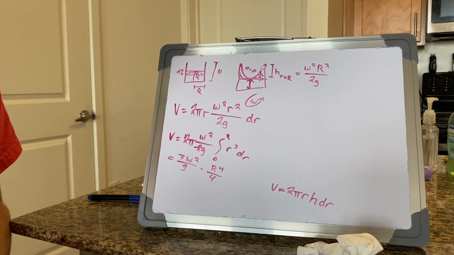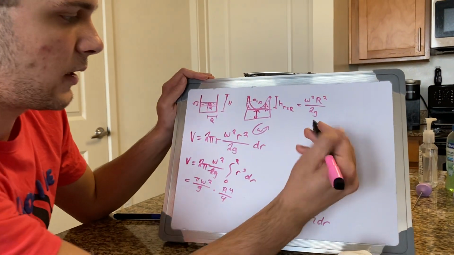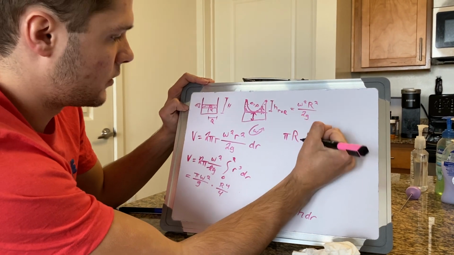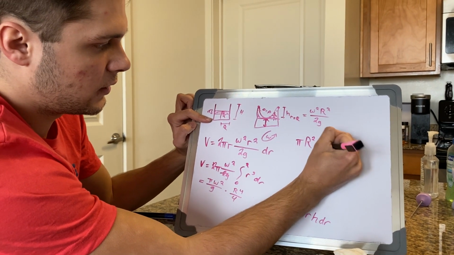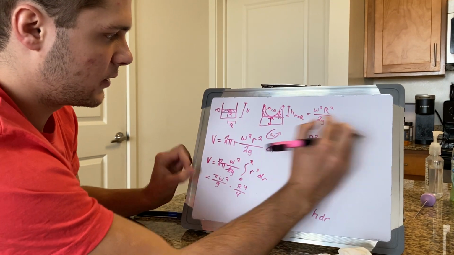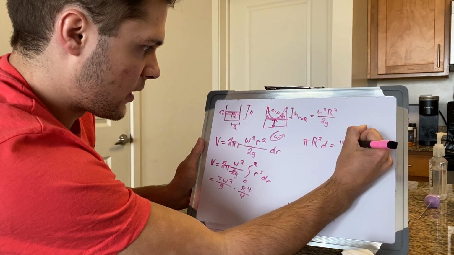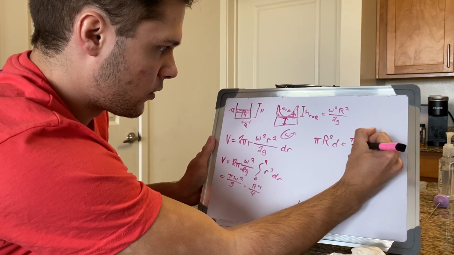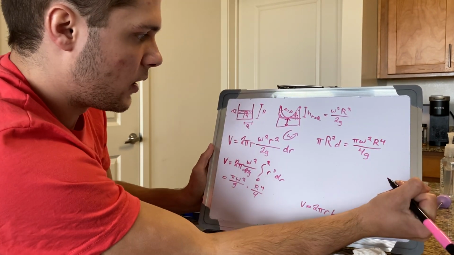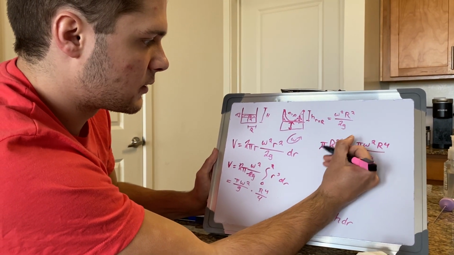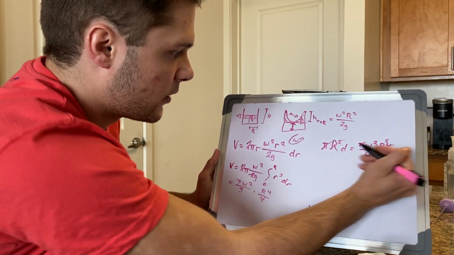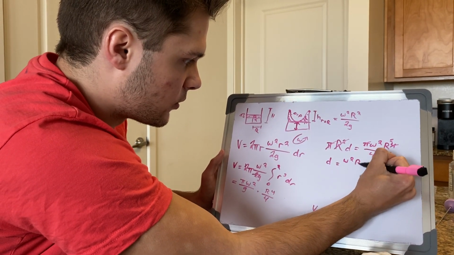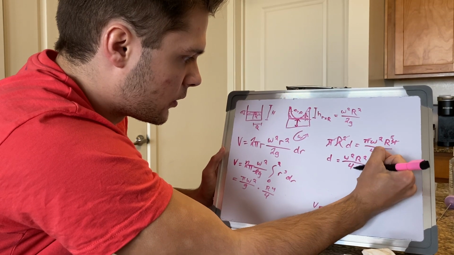And now we can plug this back in and get the volume of this one of pi R squared d is going to equal the volume of this. So pi omega squared R to the 4th over 4g. And if we solve for d, these cancel, that becomes R squared, and we get d equals omega squared R squared over 4g.